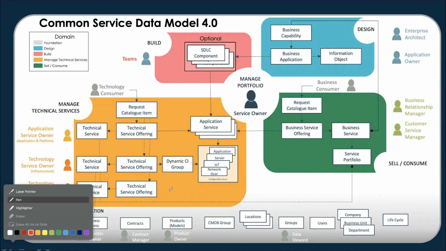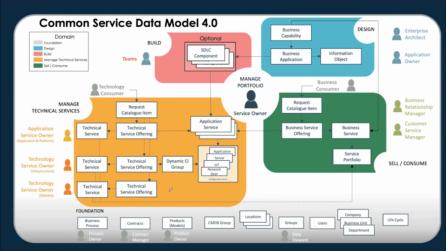So that's great. And how we get there, at least from a CSDM point of view, is when we're talking about this model, we actually start with this stuff down here. When you're bringing data in from a CMDB, or you want to know the location of a business consumer or who's subscribing from a location or user perspective, we have to get this foundation data right.